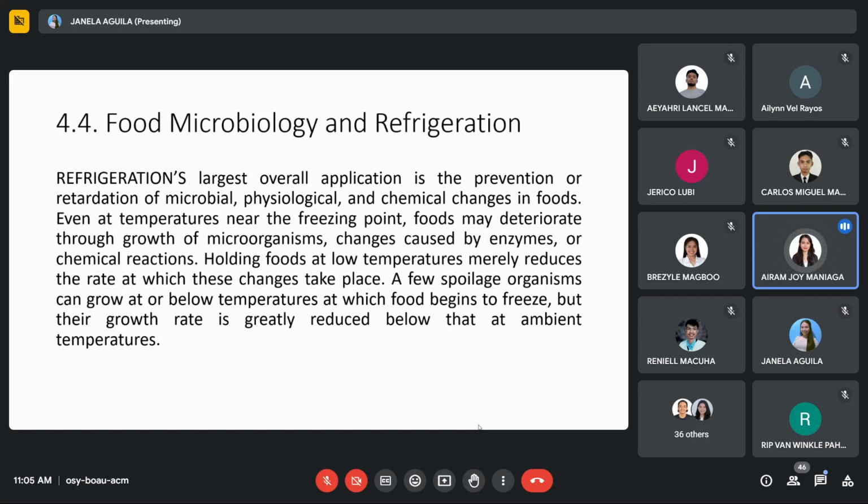Yun yung pinaka-temperature ng environment kung saan mas dumadami yung bacteria na nagdudulot ng pagkapanis or pagkabulok ng food. Tapos, pag above 140 degrees Fahrenheit na, namamatay naman yung bacteria pag ganun na siya kainit. Pag naman below 40 degrees Fahrenheit, bumabagal lang yung pag-grow nila, but hindi siya nawawala or namamatay.